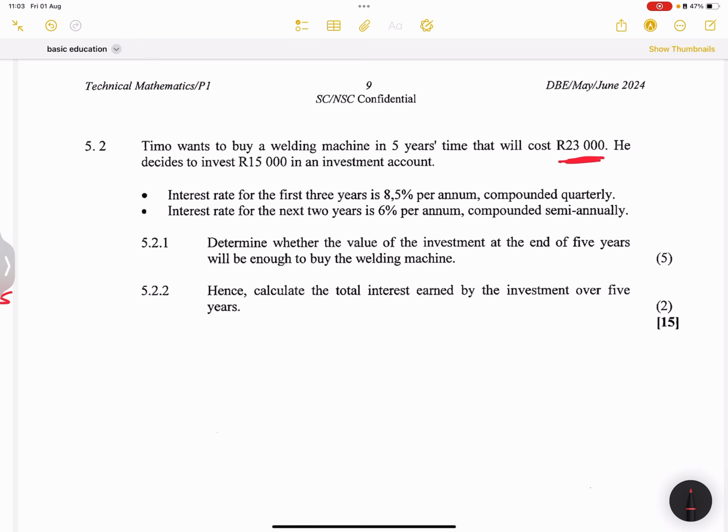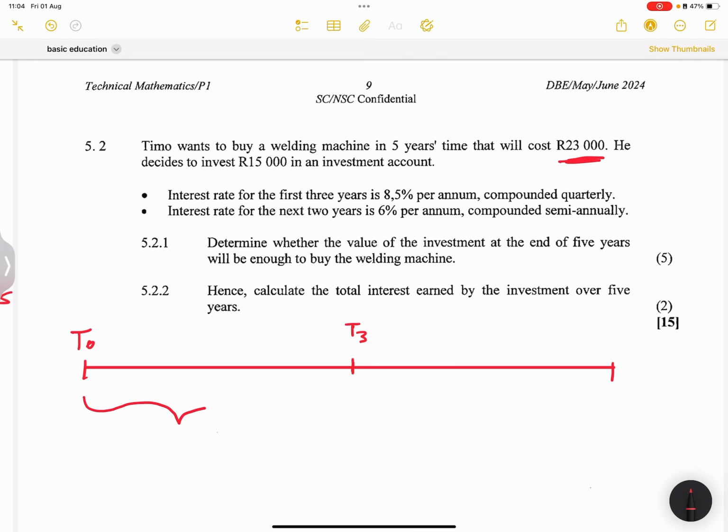Okay, so what I'm going to do is just draw a timeline there. This is going to be T0, and this is the first 3 years. They said this investment period will be 8.5% per annum compounded quarterly.